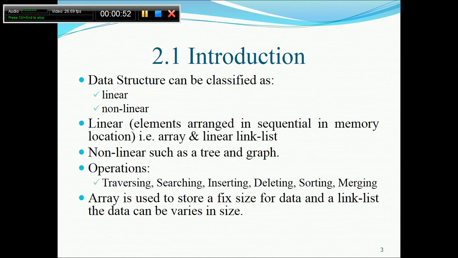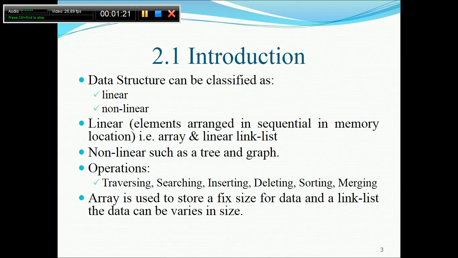Data structures can be classified as linear and non-linear data structures, that we already know. Whenever I call a data structure a linear data structure, there are two basic ideas. Either they are stored in a sequential or contiguous memory location, or at the time of access they must be accessed in a contiguous pattern. If either is applicable, we call it a linear data structure.